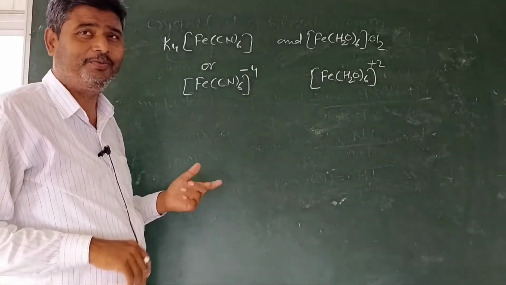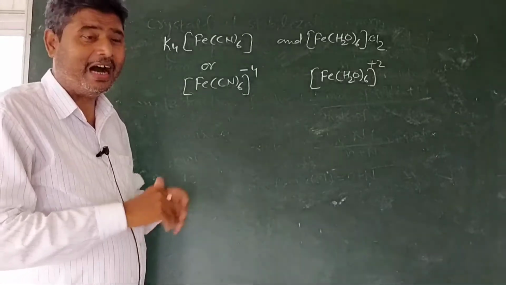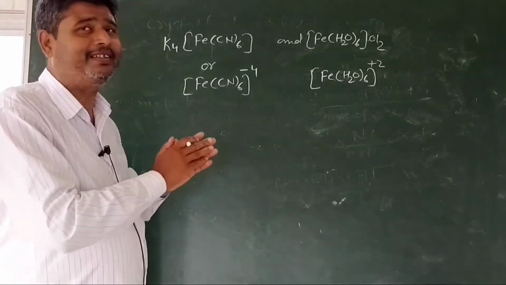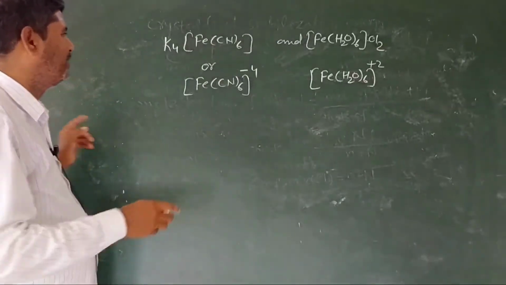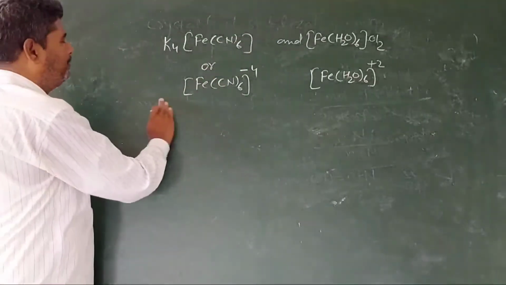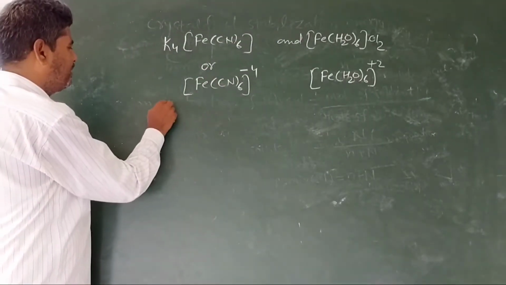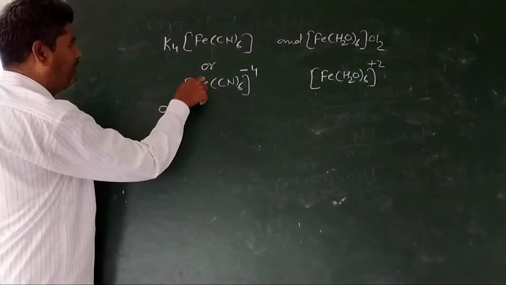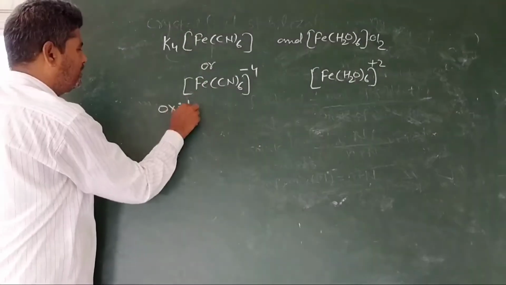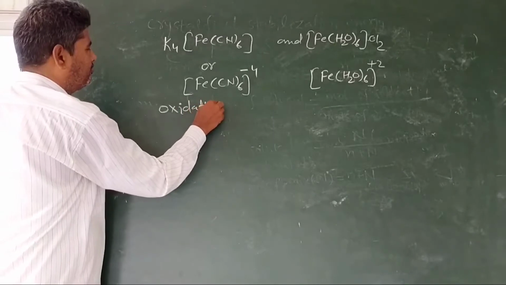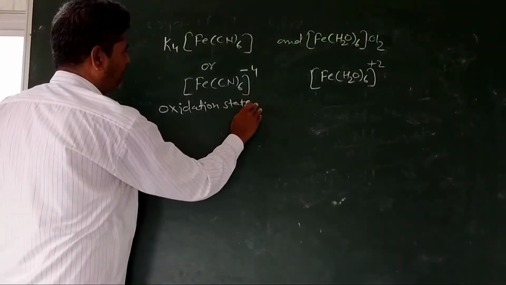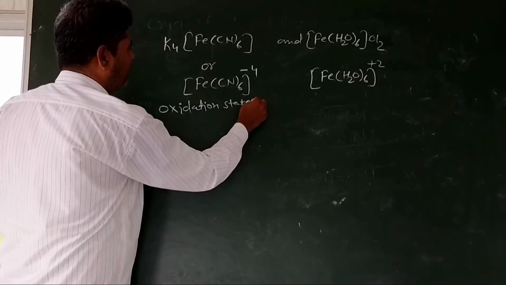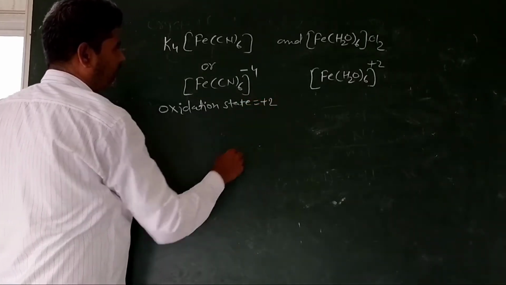After this, we have to check how many electrons are present in the d orbital. So for this, we will find the oxidation state. The oxidation state of Fe in the first compound is +2.